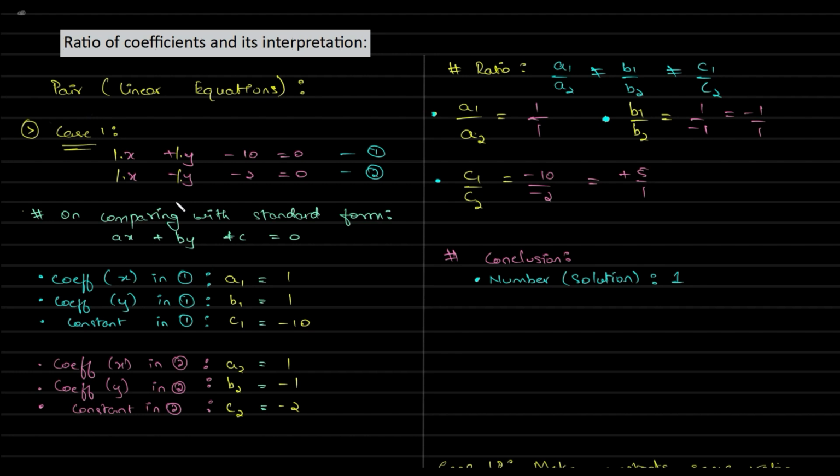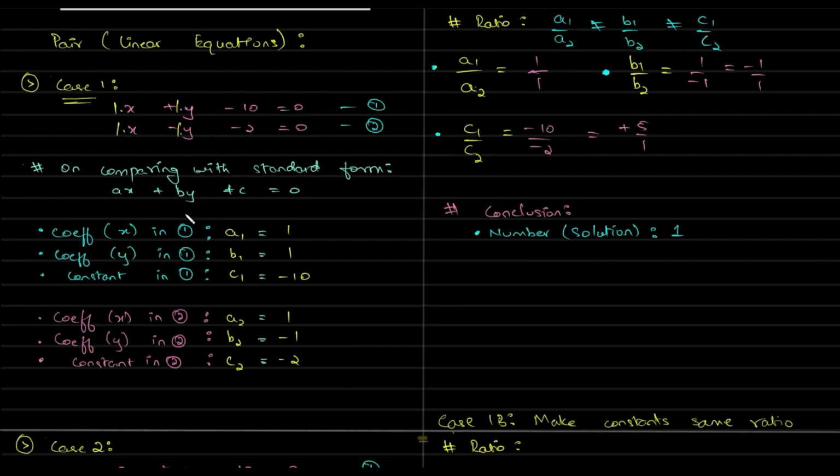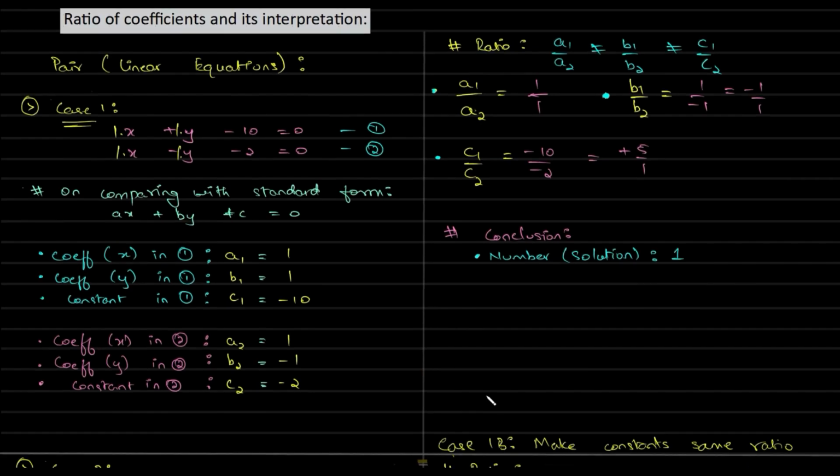You might ask, well, till now we have not seen more than one solution, is it not? So there was no other variation, so what's so special about this? The next two cases show you that there are different variations. Oh yeah, there's one more thing that I would like to talk about. Make the constant some same ratio. So what I want to do here is show a small variation.